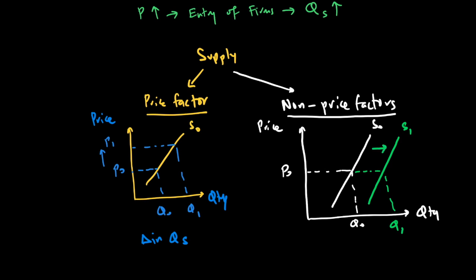Similarly, if the supply curve shifts backward for the same price, we'll call it supply falling, because it's not the price that is causing it, but some non-price factor that is causing it.